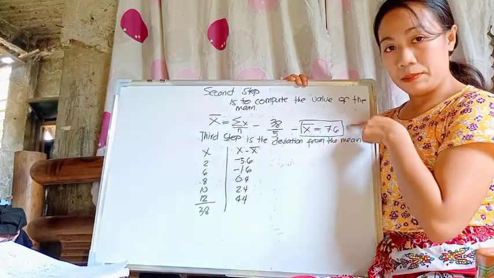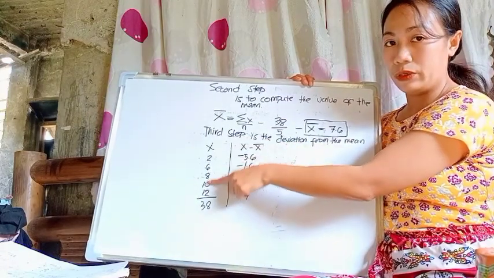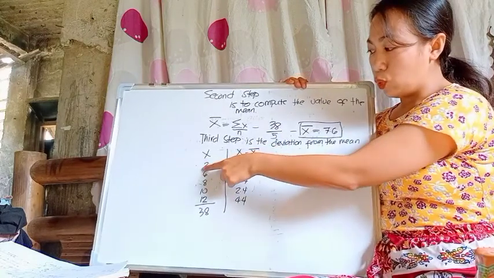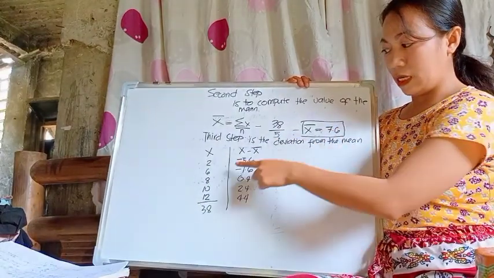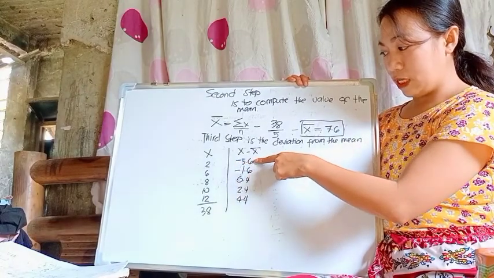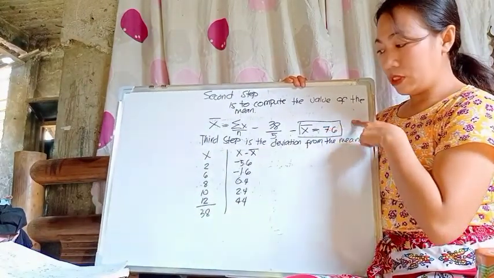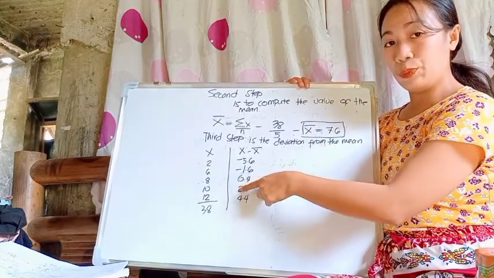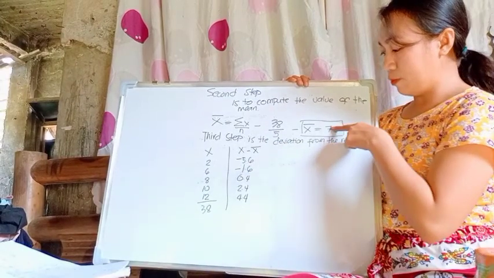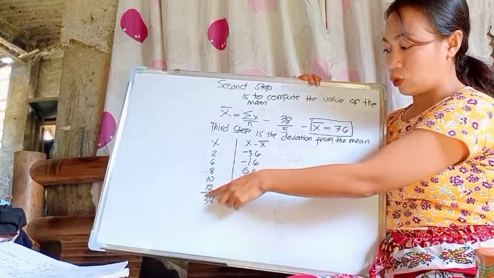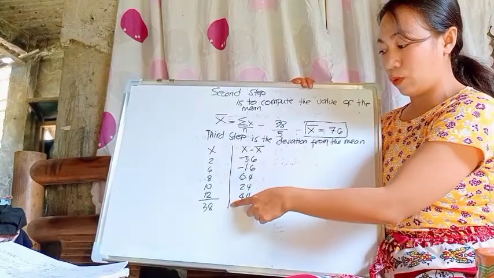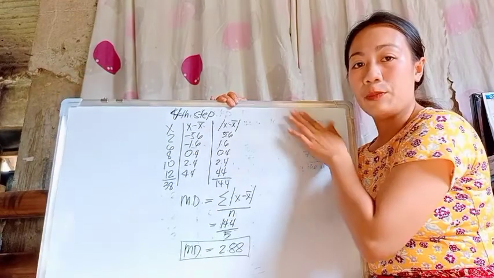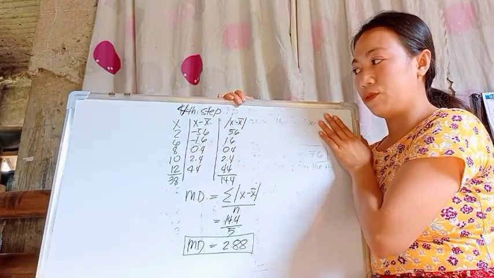So 2 minus 7.6 is negative 5.6. 6 minus 7.6 is negative 1.6. 8 minus 7.6 is 0.4. 10 minus 7.6 is 2.4. And 12 minus 7.6 is 4.4. Now we have the fourth step, or the last step, to compute the mean deviation.